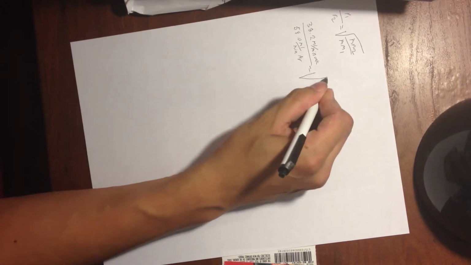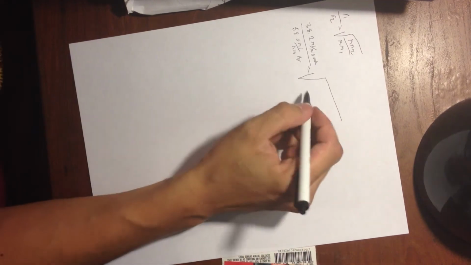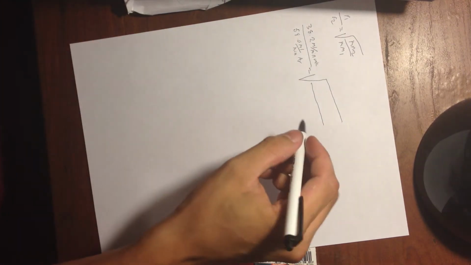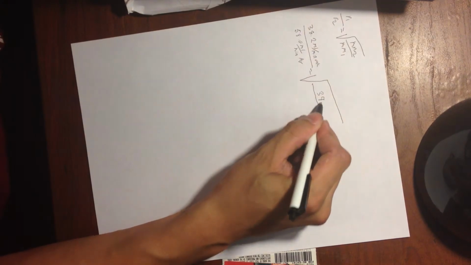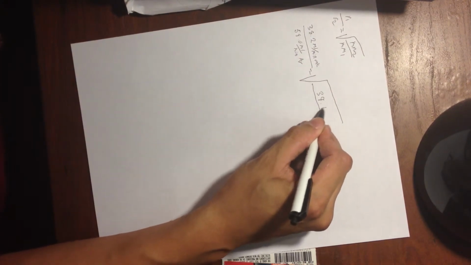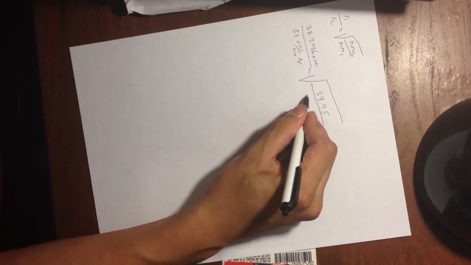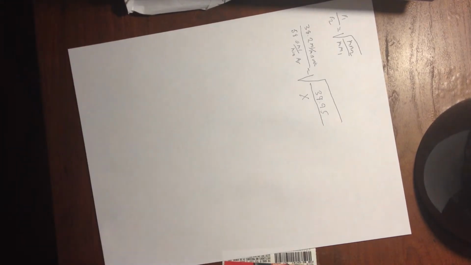So this is going to be equal to the square root of, so on top we're going to use the argon, and you look at the periodic table to get the mass of argon, which is 39.95 over the molar mass of the unknown, so that's just X. So now we're going to solve this for X.